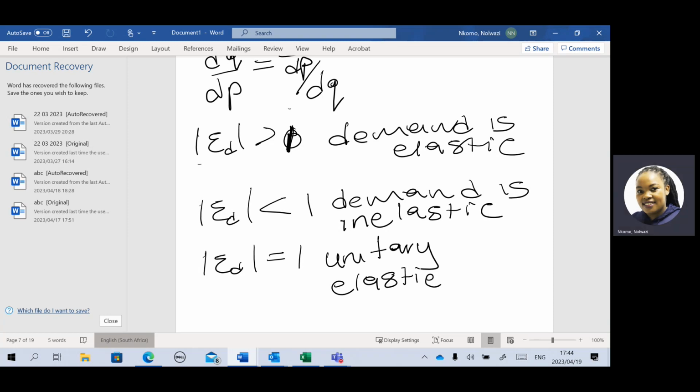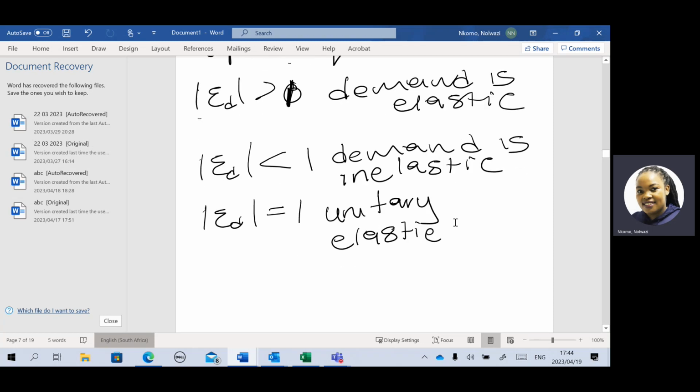Okay, if we have an elastic demand, as in case 1, then this simply means if the price increases by 1%, then the demand decreases by more than 1%. And for the second case where we have an inelastic demand, okay, that case means if the price increases by 1%, then the demand decreases by less than 1%.